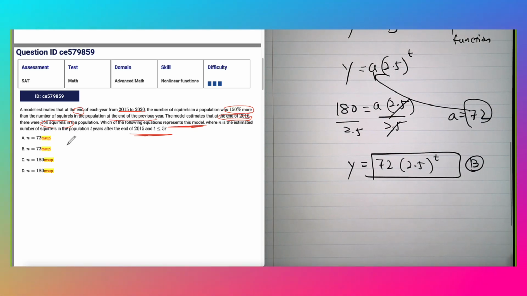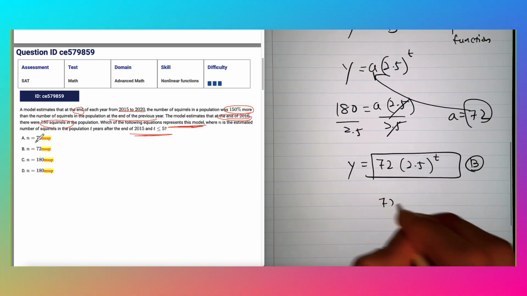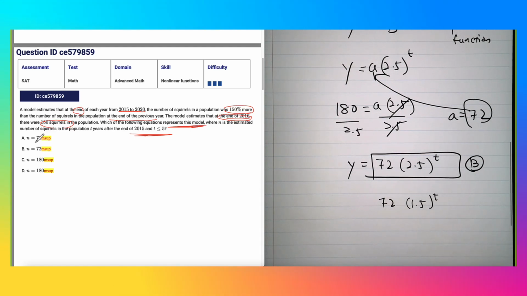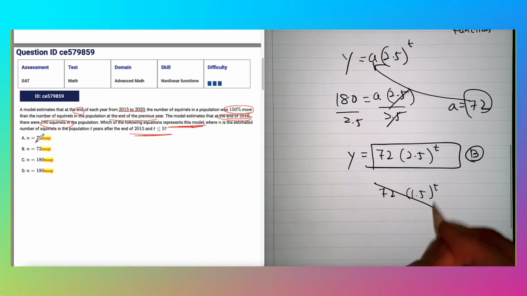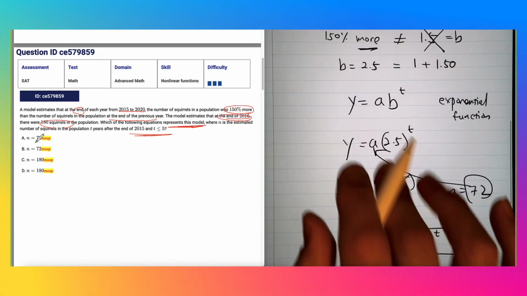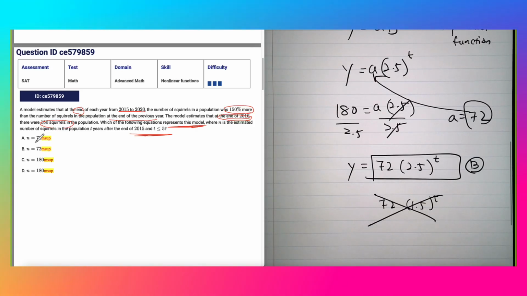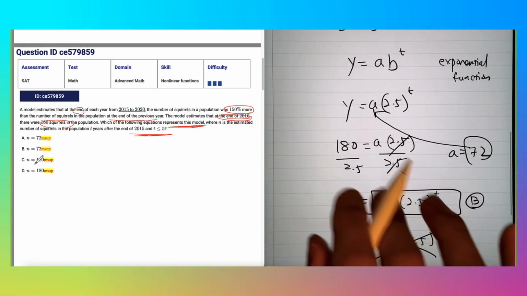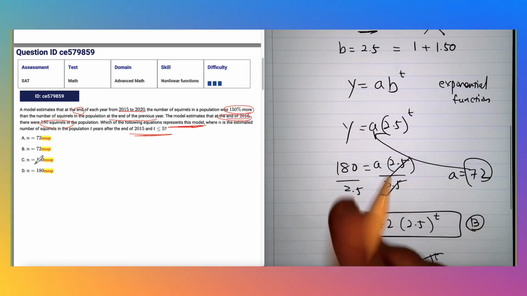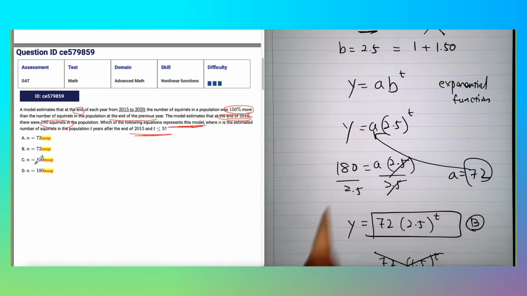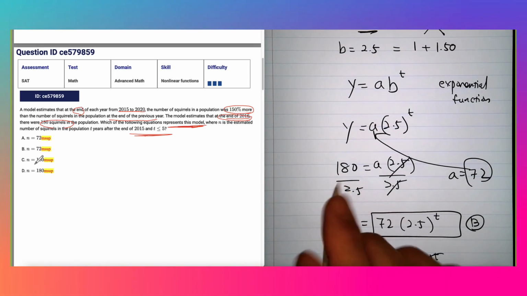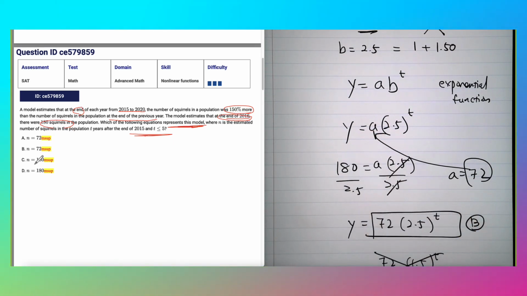B. Now choice A is 72 times 1.5 to the power of t, and that's not correct. That's the typical trap where with 150% more, people tend to think 1.5, and that's not right. Now the other choices, C and D, assume that, I think the purpose of the College Board was that you may not have read the question carefully, thinking that 180 is the initial value that you can simply plug in, and that's not correct.